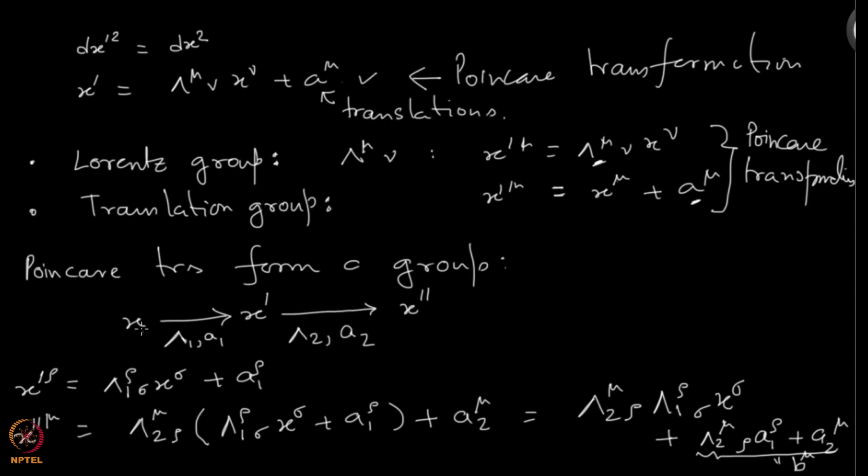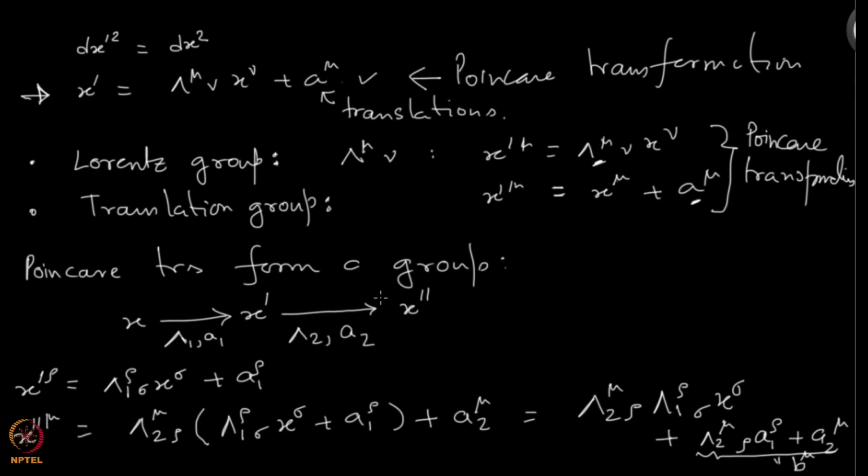You do a transformation on X and go to X prime, parameterized by lambda 1 and a1, and this is exactly the transformation that you have. And once you have reached X prime, you do another transformation which is now parameterized by lambda 2 and a2, and you reach some X double prime.